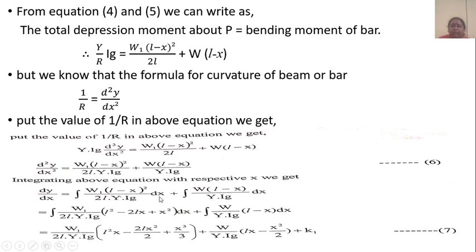So taking the integration, we get dy by dx equal to W1 upon 2L Y into Ig into L square x minus 2L x square upon 2 plus x cube upon 3, plus W upon Y into Ig into Lx minus x square upon 2, plus k1.